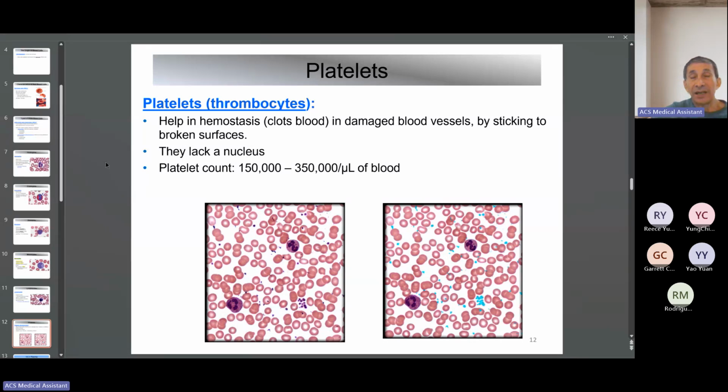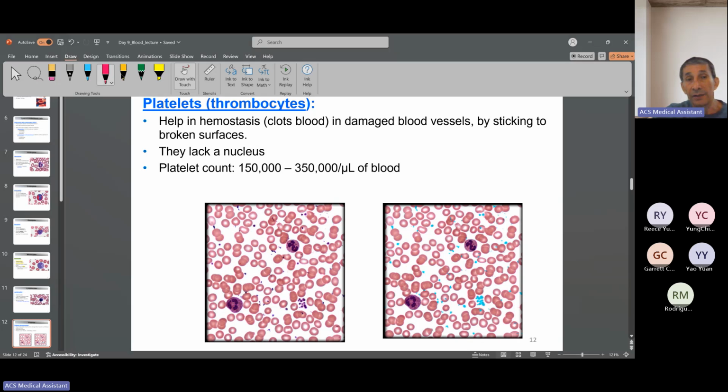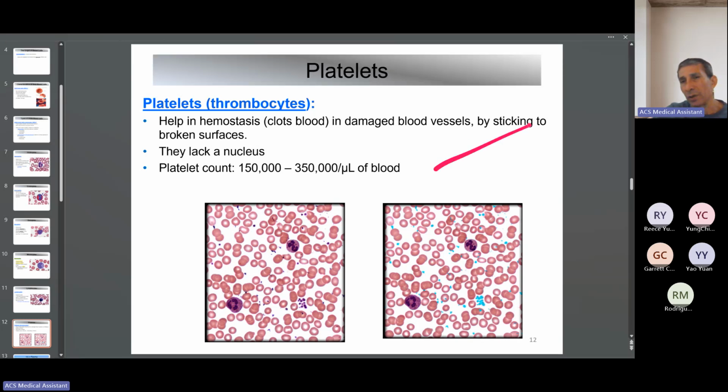So let's say that you have a tissue injury inside our body. We don't know it. It was just a mild trauma, and you start bleeding inside. Well, if we start bleeding inside, can you imagine? That's not good because we're going to lose some blood. Well, what platelets do is go to this blood vessel that is injured. So let's say this is a small blood vessel, of course. It has an injury, it's leaking some blood around here.